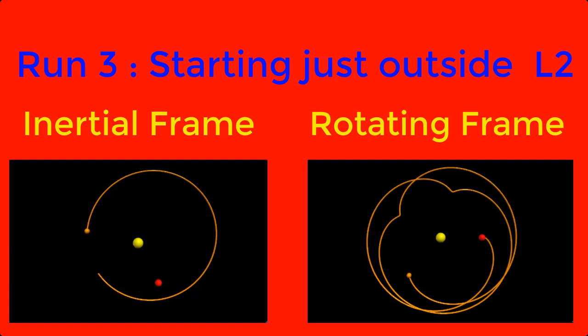But in the inertial frame you can see the ellipse it seems to be moving around the Sun in. So now it's moving on the part of the ellipse taking it further away from the Sun.